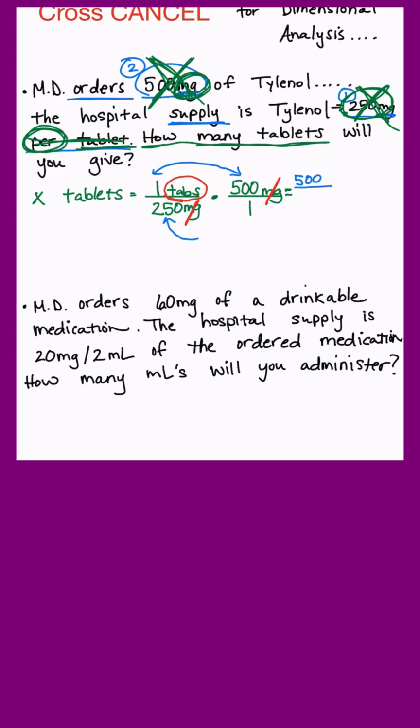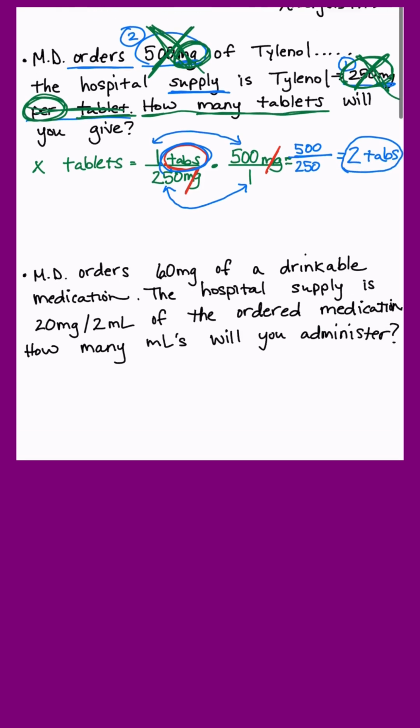And then I'm going to multiply 250 times 1, and then 500 divided by 250 equals 2. And then all I have left up here is tabs. So there is my answer.